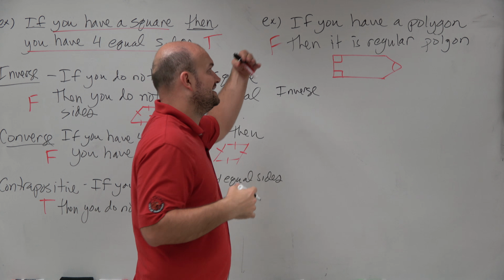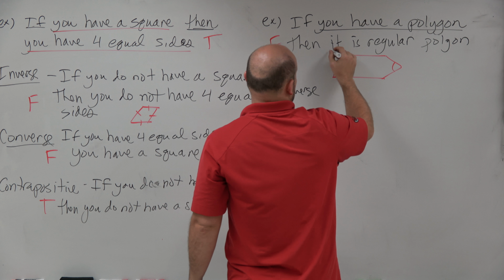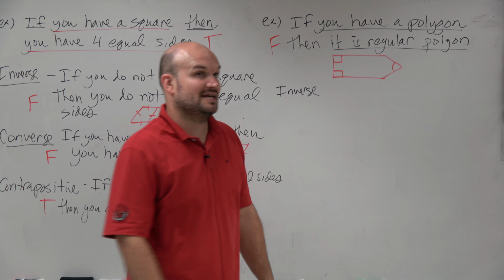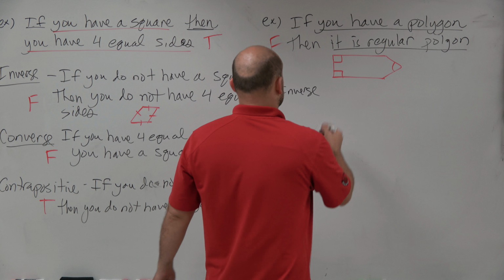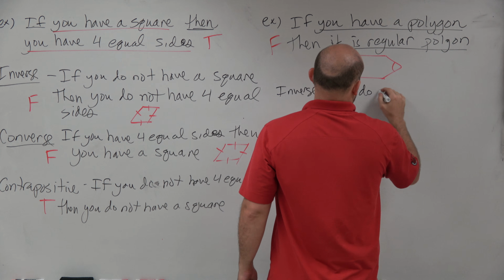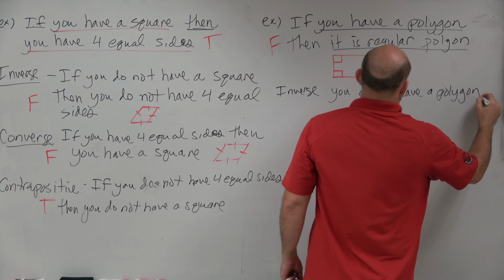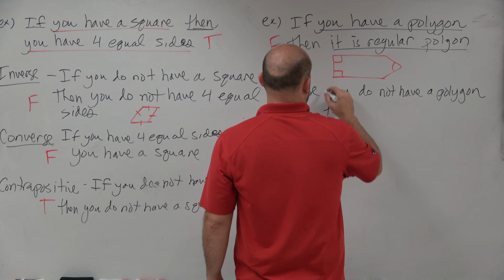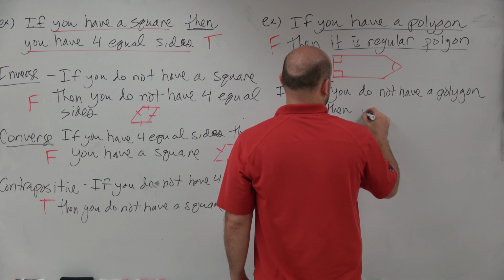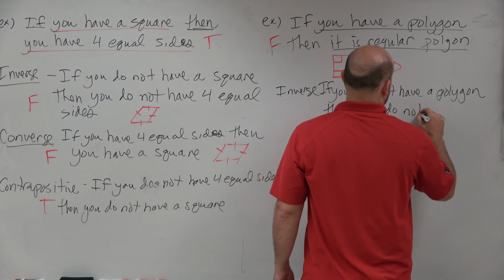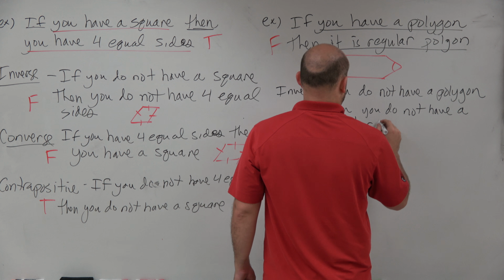So for the inverse, I'm just going to negate the hypothesis, which is you have a polygon, and then I'm going to negate the conclusion, which is it is a regular polygon. So the inverse is: if you do not have a polygon, then you do not have a regular polygon.